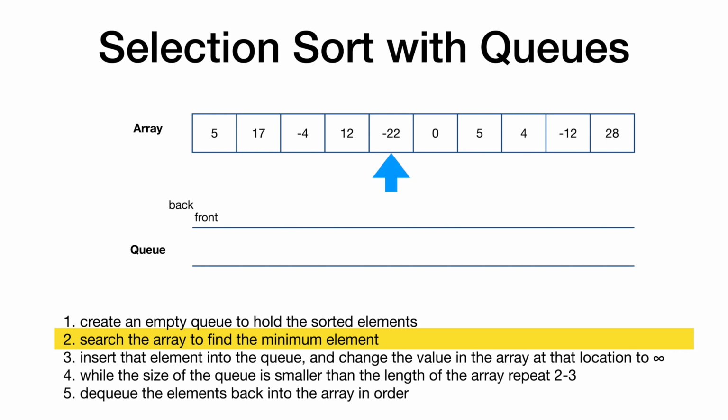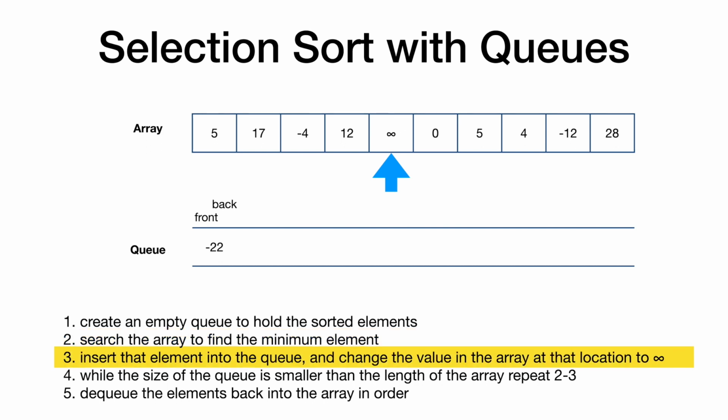The first thing it says is search through the array to find the minimum element. Well, the minimum element is this -22 here. So we take that -22 and change it to infinity and add it to our queue. Looks a bit nicer when we do that.